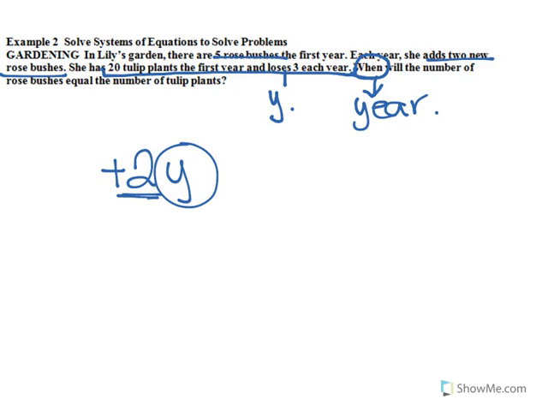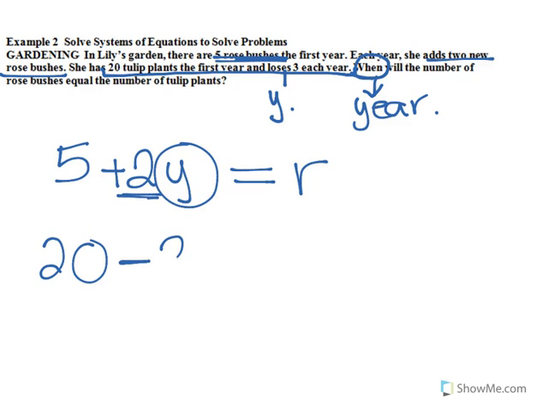But we begin with 5 rose bushes, so we have a starting value of 5, and that equals the number of rose bushes. Now we want to do the same thing for the tulips, so she has 20 tulip plants the first year, and then she loses, so that means a negative, or a minus in this case, 3 each year, so 3 times y equals t.